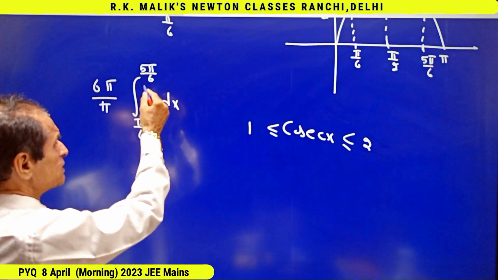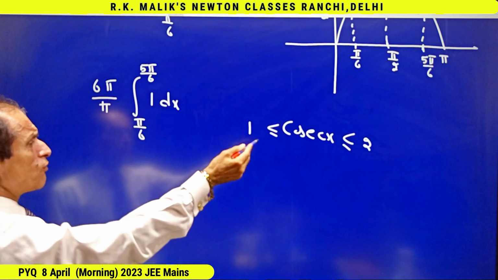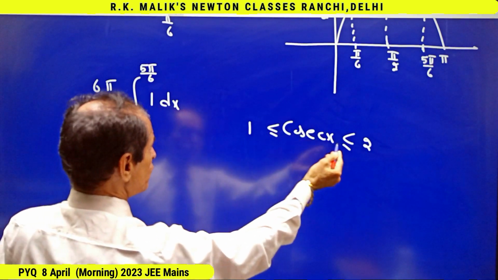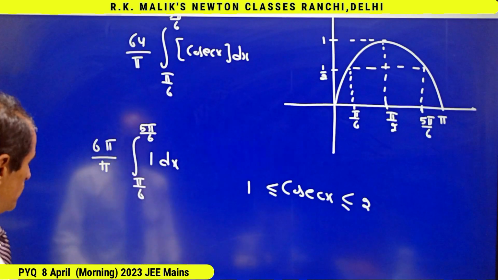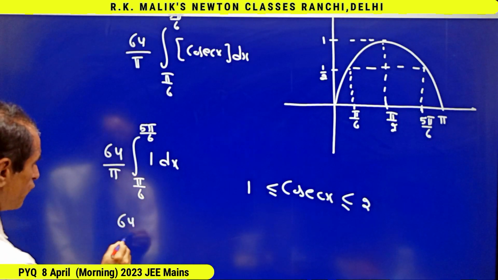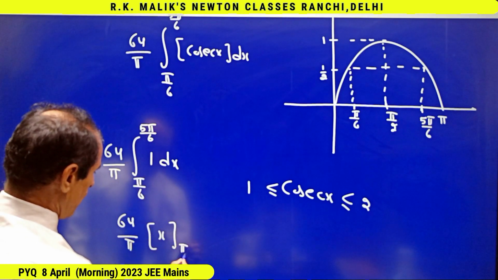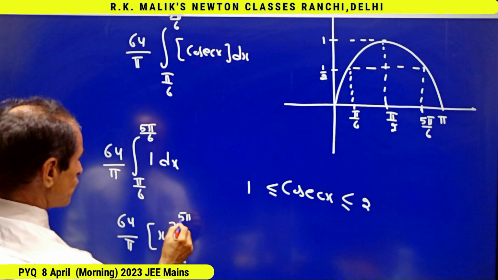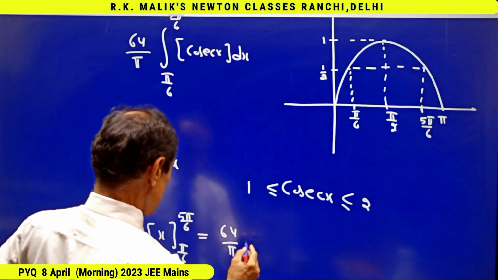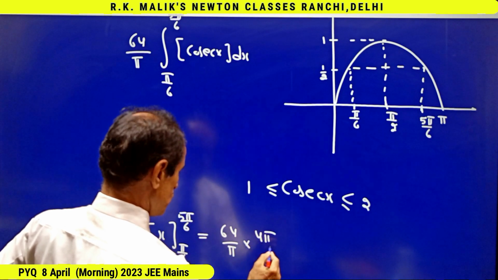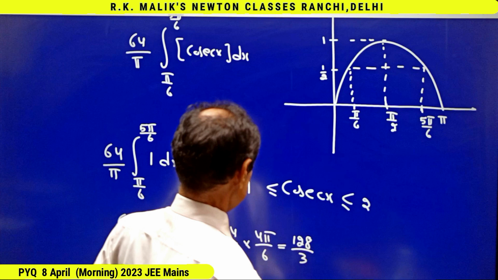At pi by 6 and 5 pi by 6 the value of cosec x is 2, but at all other points the value of cosec x lies between 1 and 2, and therefore box cosec x will be 1. So I get 64 by pi into x from pi by 6 to 5 pi by 6, and we get the answer 64 by pi into 4 pi by 6, that is 128 by 3.